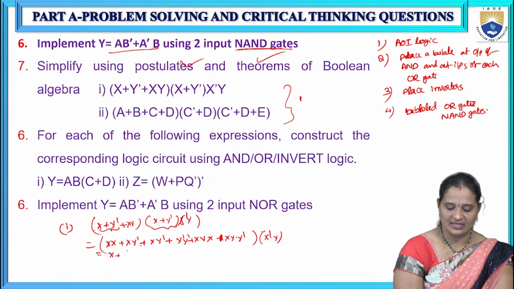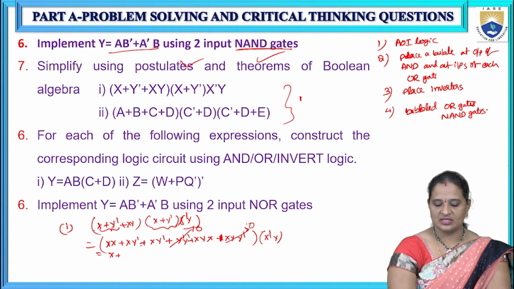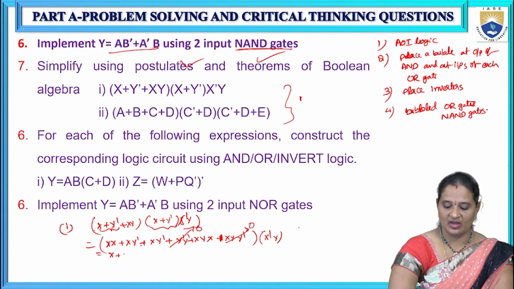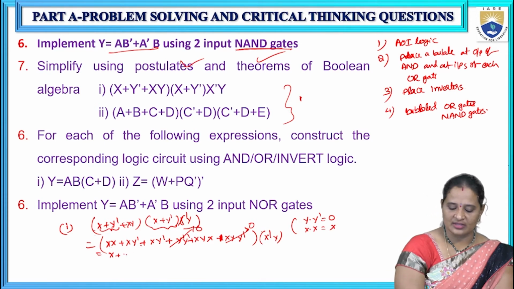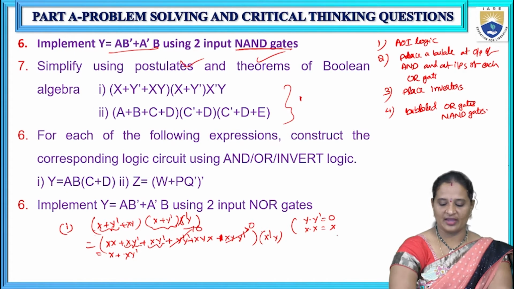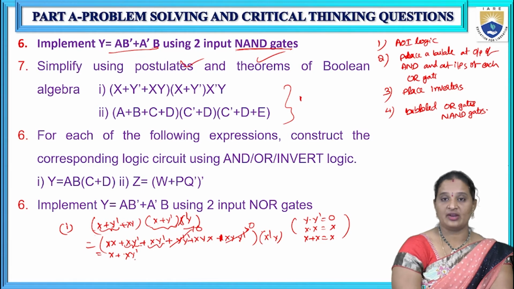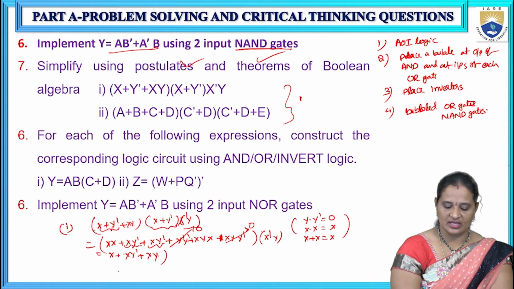So x·x' becomes 0, and this one also becomes 0. These two terms become 0. So x into x becomes x. So we are applying the rules here. y into y' is 0 and x into x is x, right? Next, xy'. So this is also repeated. That is why I can write x + x = x, right? So I can write xy' + xy. So this is the equation we have got, and this is x'y.